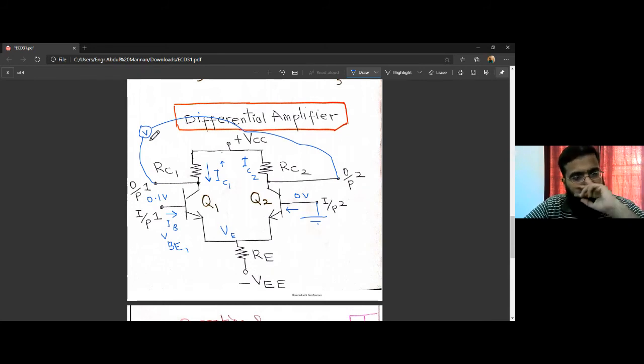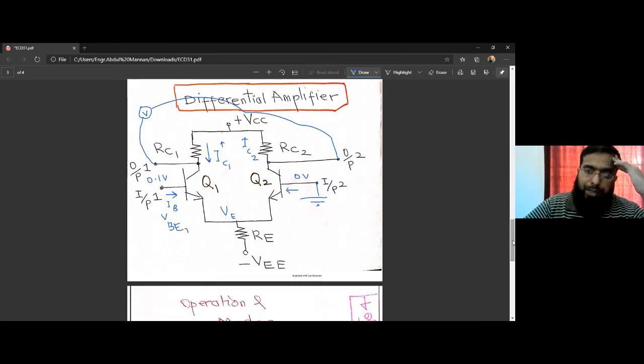So in this case, when we have the base of one transistor slightly at a higher voltage compared to the base of the other transistor, we'll have a non-zero output, a differential output. We can also do it otherwise, like we can connect the base of Q1 to ground and the base of Q2 to a slightly higher voltage.